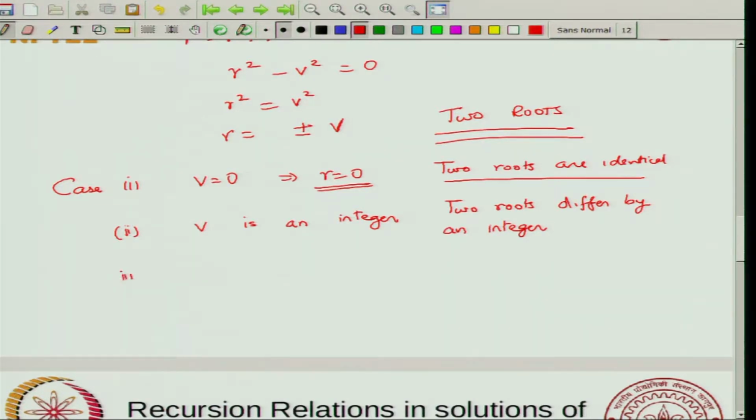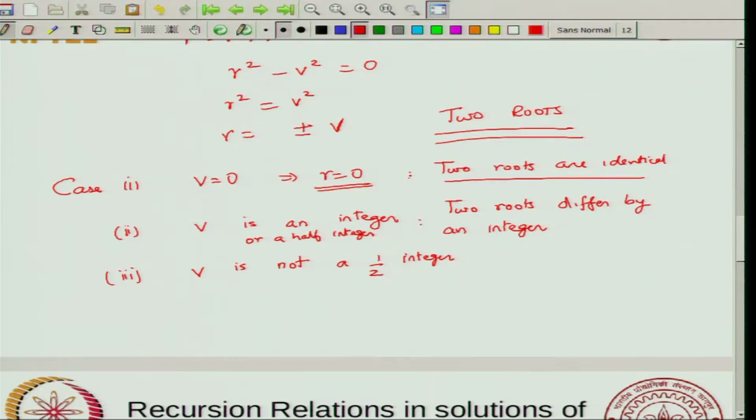Third case, v is not a half integer. I should mention that v is an integer or a half integer. In either case, whether v is an integer or a half integer, the difference between the two roots is an integer.